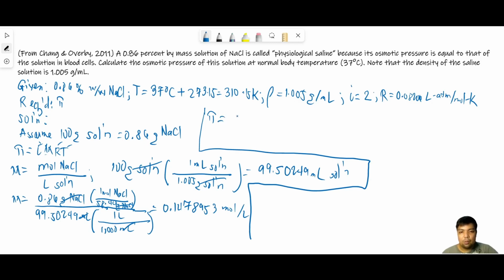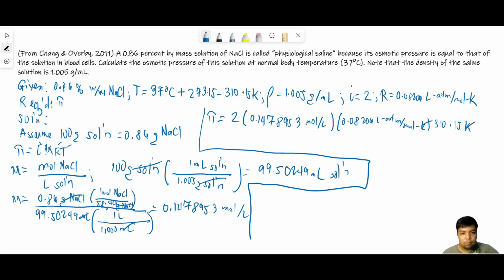So osmotic pressure is equal to 2, which is our Van 't Hoff factor, multiplied by 0.1478953 mole per liter, multiplied by the gas constant, which is 0.08206 liter atmosphere per mole Kelvin, multiplied by the temperature, which is 310.15 Kelvin.